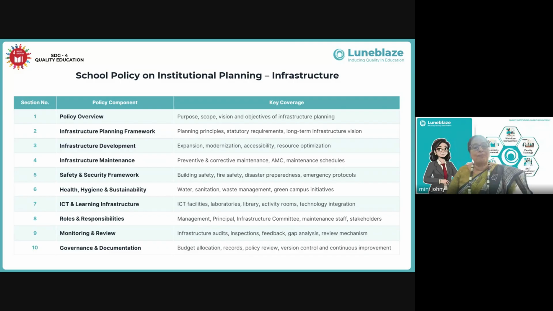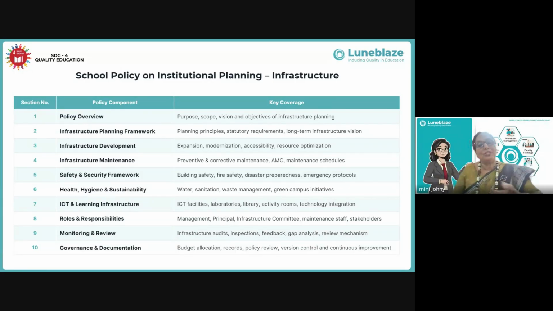What is the purpose of that policy overview? Predictability, yes. Then being prepared and not reactive, okay, for better execution, yes. Veena, failing to plan is planning to fail, okay, yes.